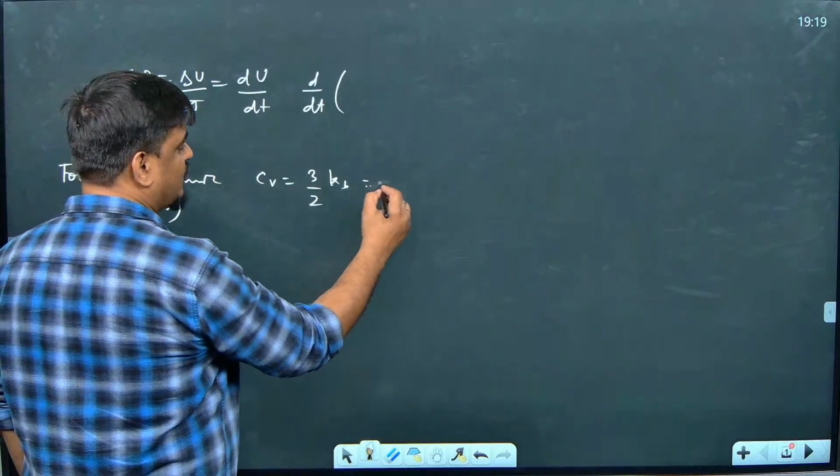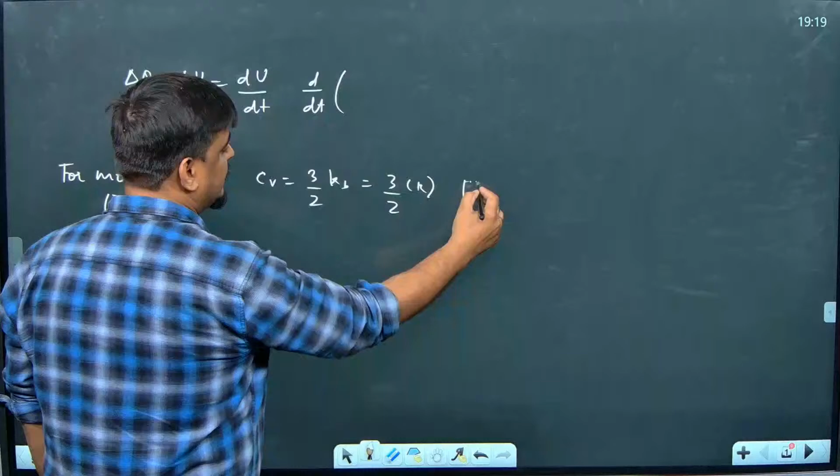For 1 mole of gas, it can also be written in terms of R as 3 by 2 R.